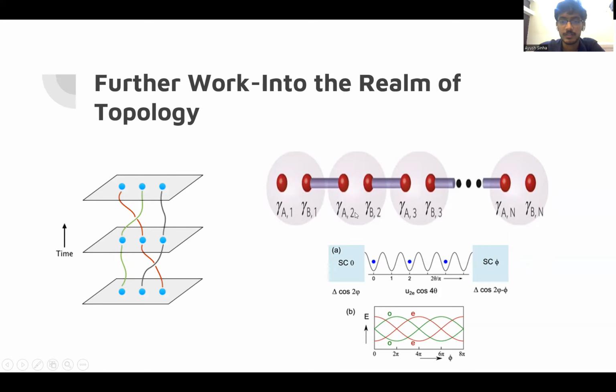The second picture relates to the Majorana modes and how they are non-local in nature. And the third picture is basically the fractional Josephson effect, which is 4 pi periodic, as opposed to the 2 pi periodic graph I showed earlier. And this last graph, part B, is the energy spectrum of Majorana modes.